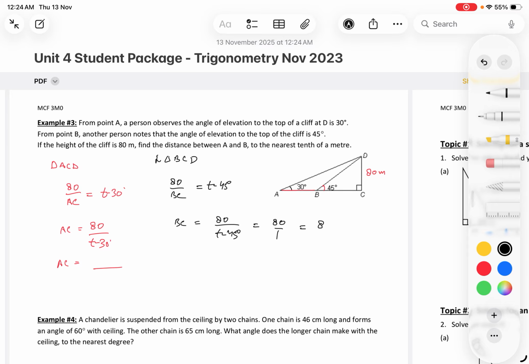So BC is 80, and if I find AC, it will be 80 divided by tan 30, that is 138.56. Therefore, distance AB will be AC minus BC, that will be 58.56. But we have to round it off to the nearest tenth of a meter, so we can write it as 58.6 meter.